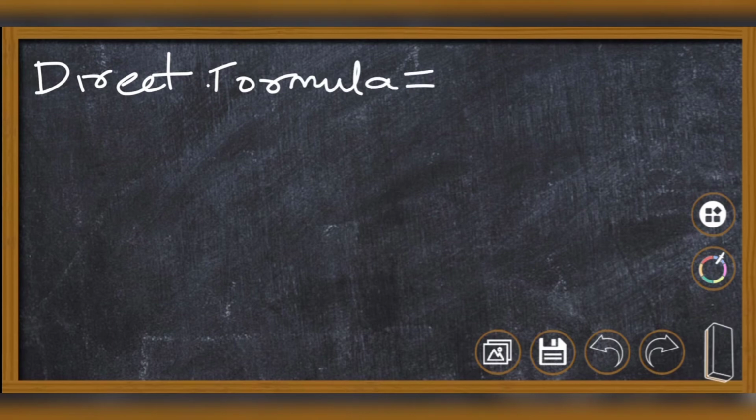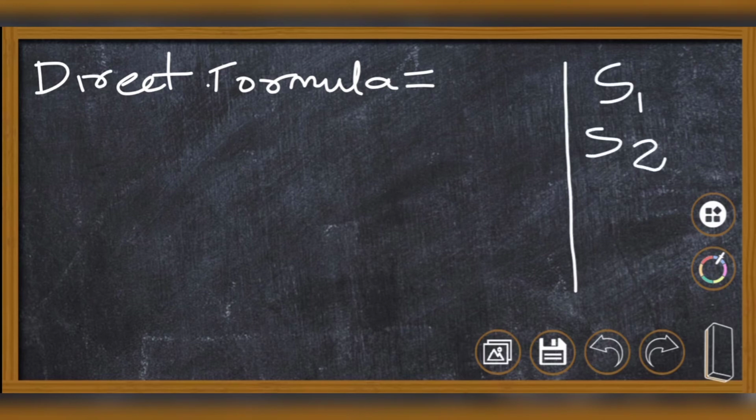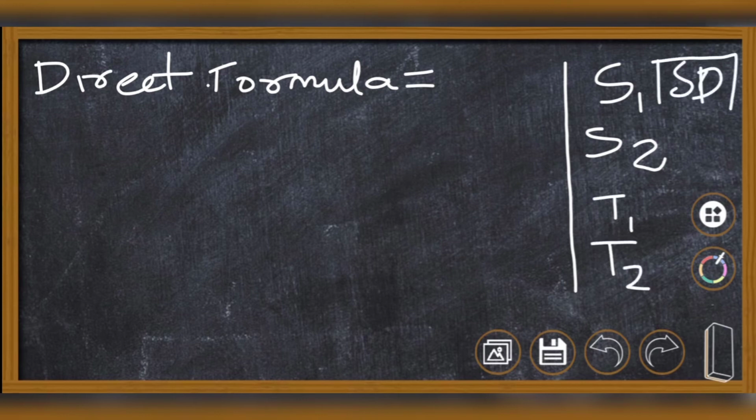We have two speeds, S1 and S2, and two times, T1 and T2, and the same distance, when the question is based on two trains or any two vehicles travelling in the same direction.